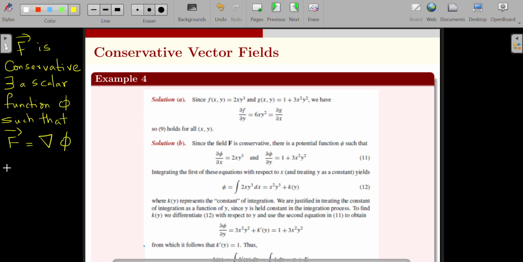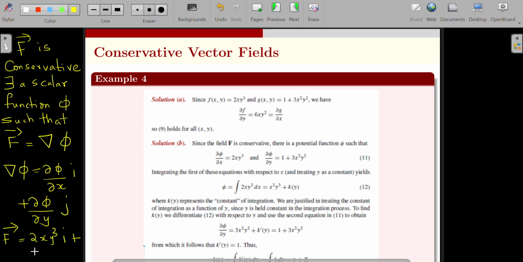But what does del phi mean? Del phi is ∂phi/∂x i plus ∂phi/∂y j. But we already know that the vector field F is 2xy cubed i plus (1 plus 3x squared y squared) j.